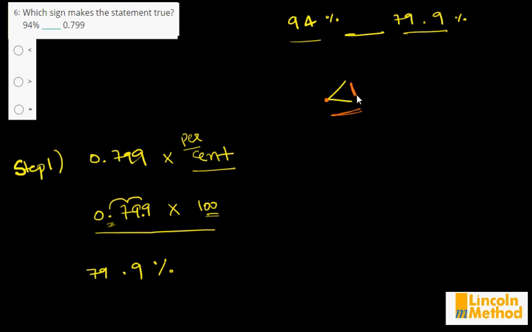Similarly, this being the larger side or the greater side of the sign is going to face the greater or the larger number. So since 94 is greater than 79.9%, we are going to place this sign like this. So 94% is greater than 79.9%.